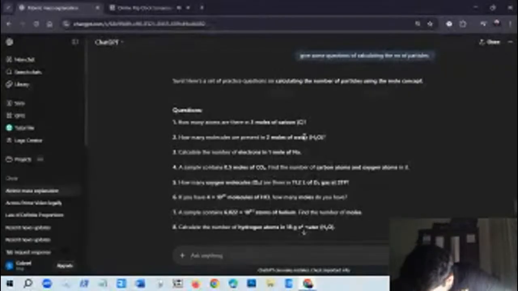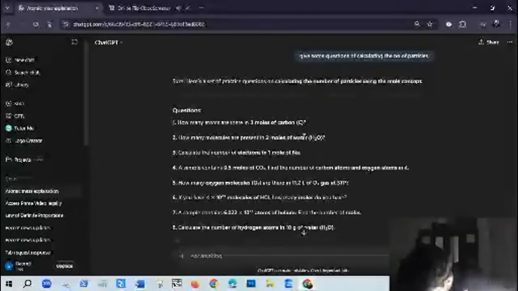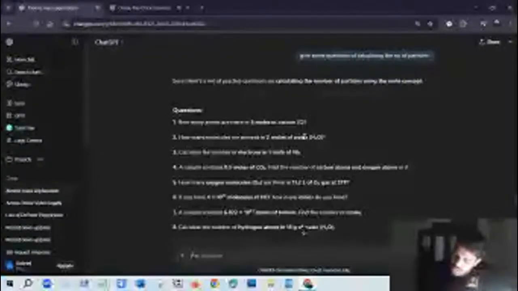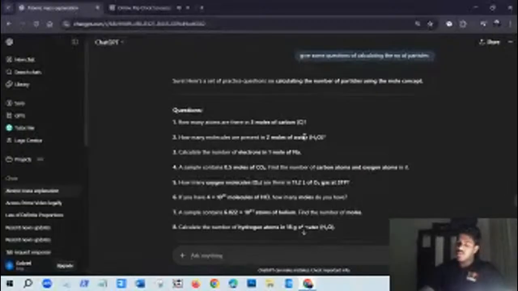So 1 mole of carbon is equal to 12. So 3 moles of carbon is equal to some number.